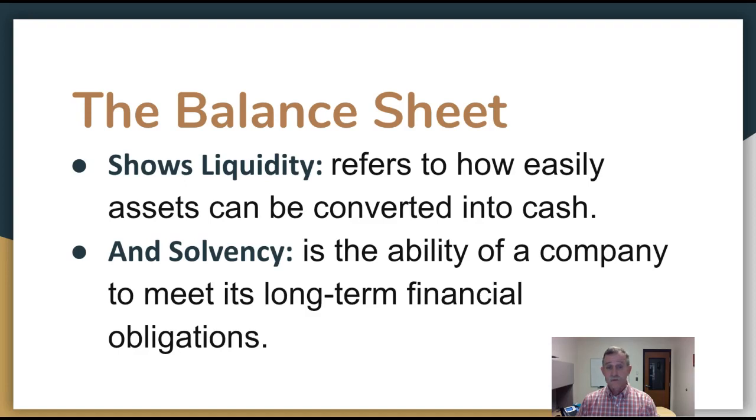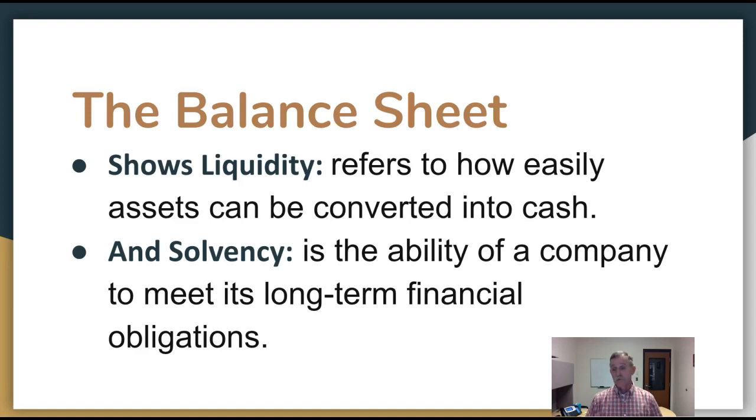The balance sheet shows us two things about the business. One is liquidity, which refers to how easily assets can be converted into cash. For example, your checking and savings accounts are really easy to convert into cash because they are cash, typically.